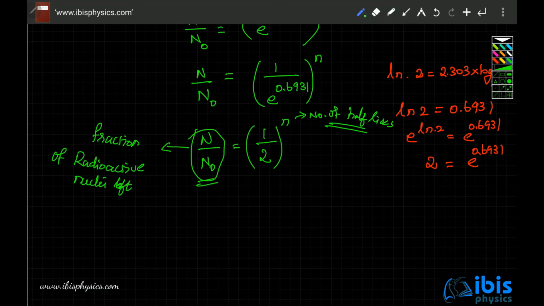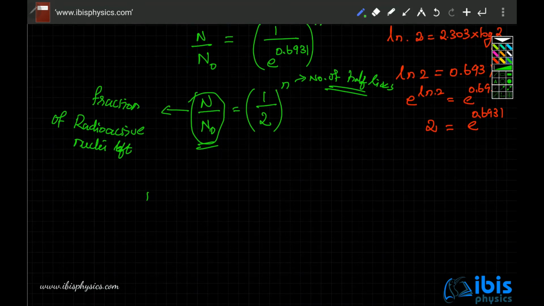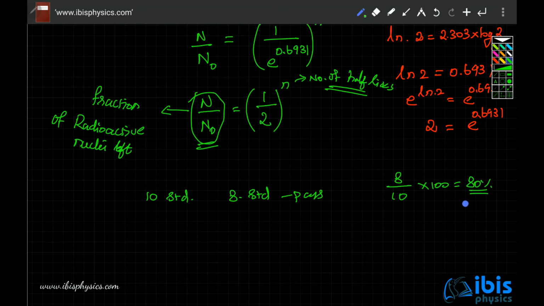So how does this work? In a class of 10 students, if 8 students pass in the exam, pass percentage is 8 by 10 into 100. That means 80%, meaning out of 100 students, 80 students passed.